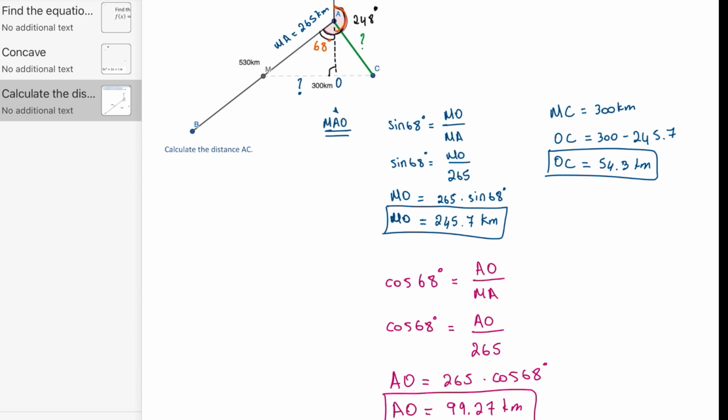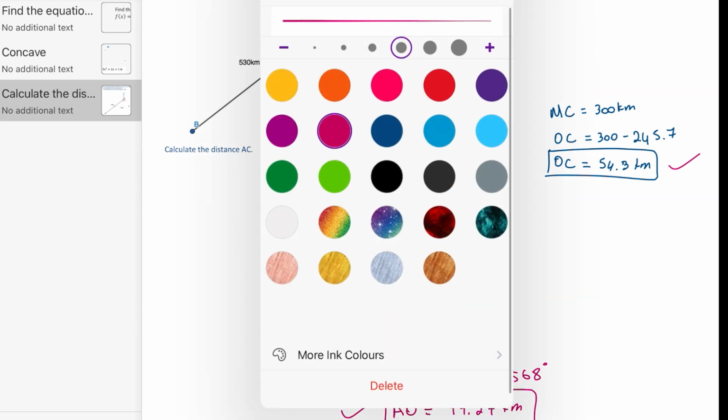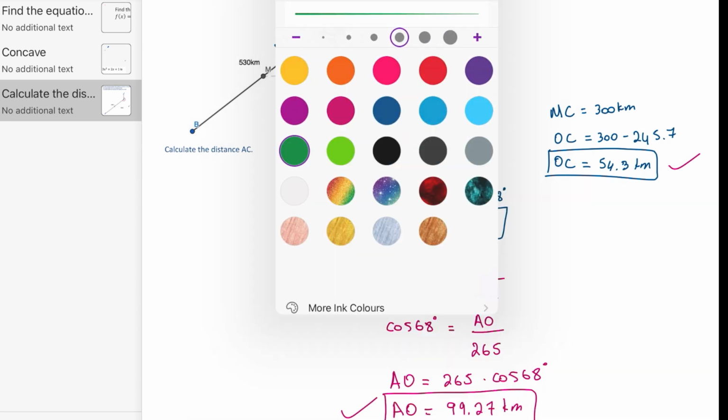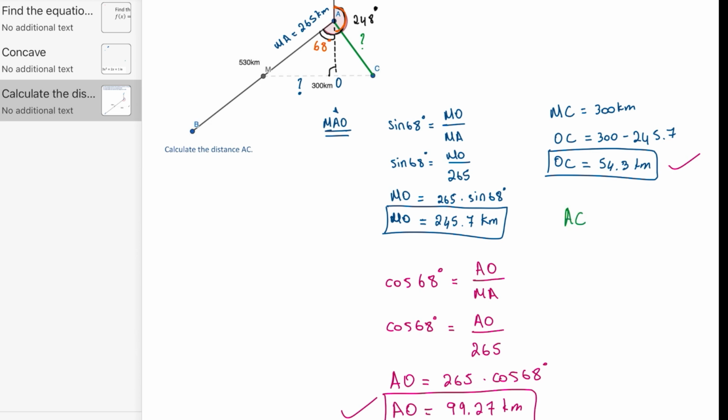Now we know AO and OC, we will be able to find AC. Now, we will be using the Pythagorean theorem to find AC, since we're dealing with a right angle triangle, the triangle AOC.